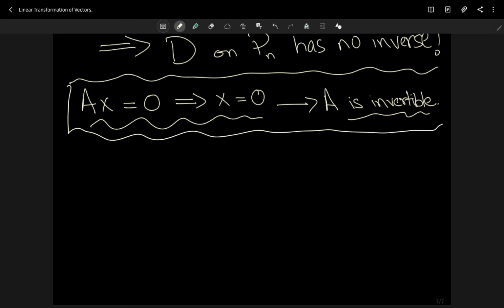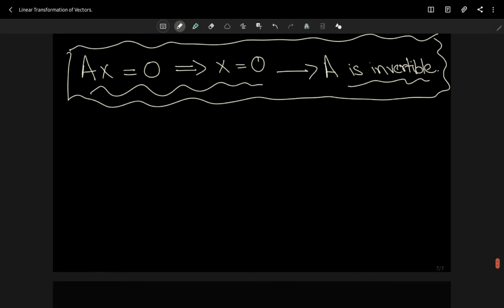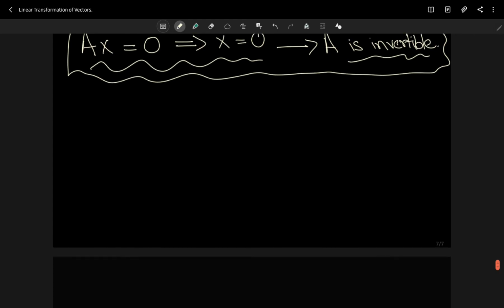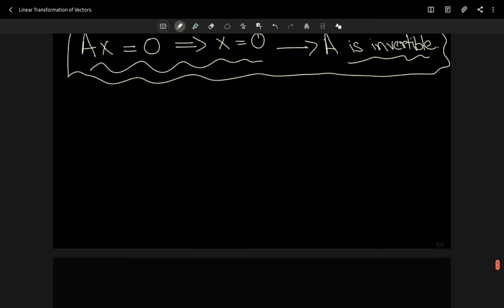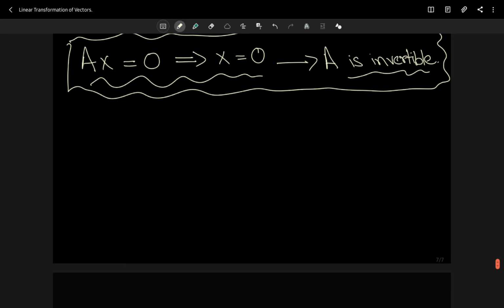But what we can do is prove this, and to do so, just start with the first part of the definition for the existence of the inverses. That was Ax is equal to Ay. If this is true, then x has to be equal to y, and then A is invertible.